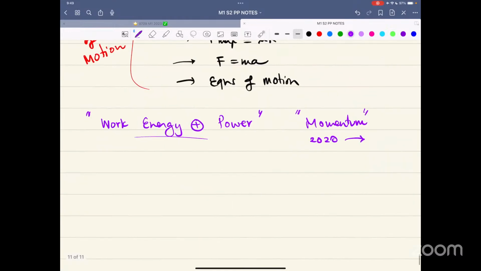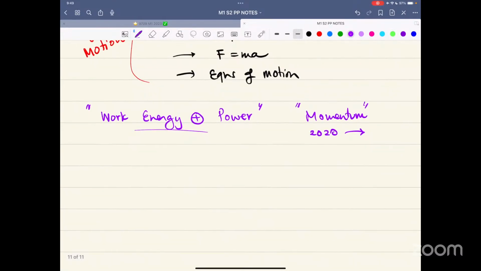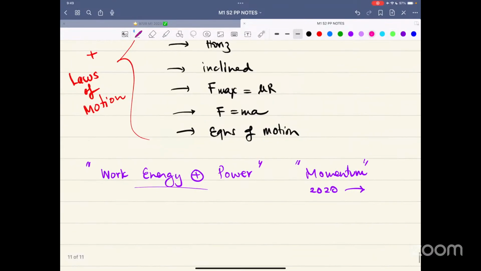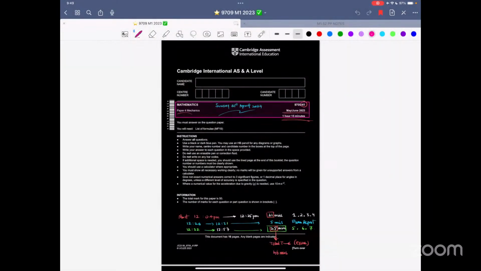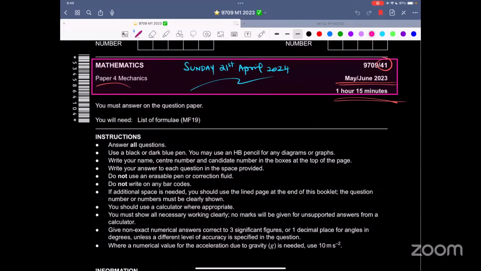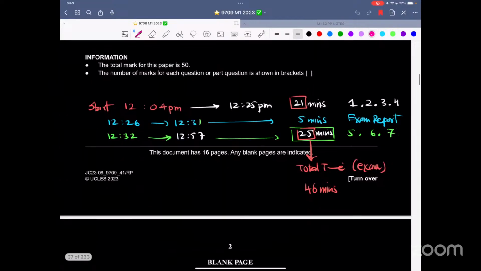What else is there? What about connected particles, pulley systems, and so on? So let me go to the 2023 papers and pick selected questions and go over them.